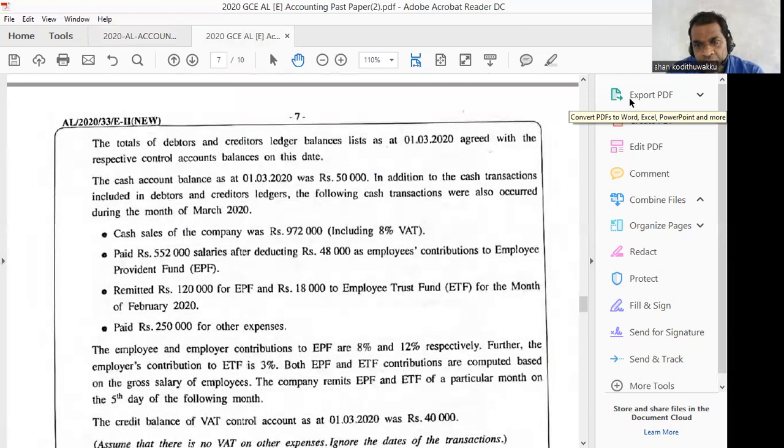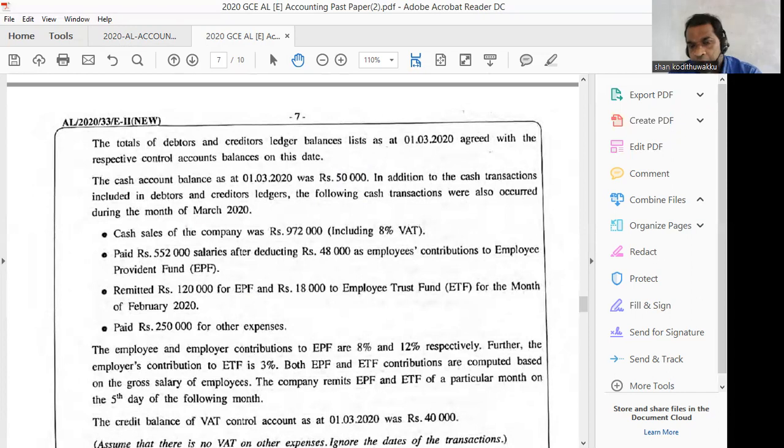And in the following month, we send the money equal to that amount under the EPF Act. Then they have deducted 48,000 as employee provident fund and net salary has been given to the employees. But we had to pass a double entry for 48,000, which they have deducted from gross salary. We have to debit to salary control account and credit to EPF payable.